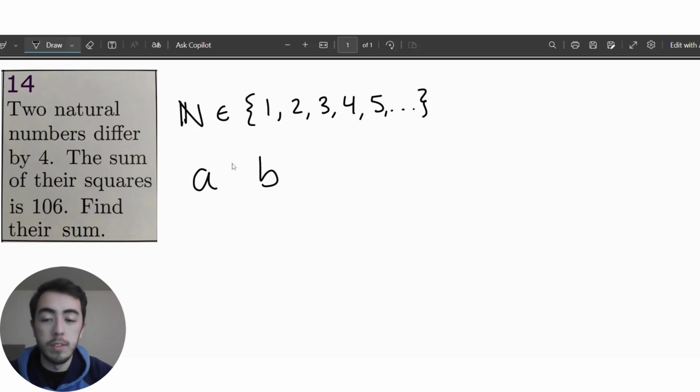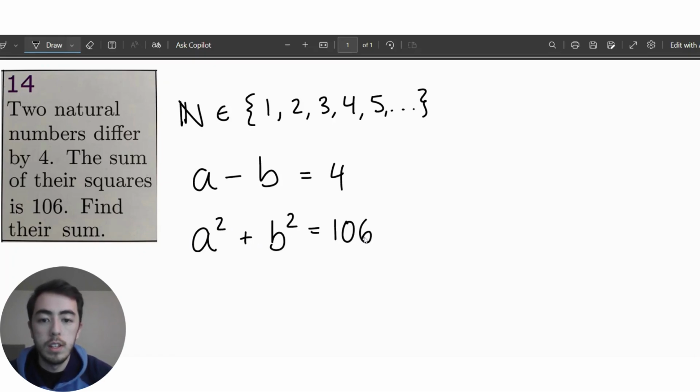And when it says that they differ by 4, I should be able to subtract them and get 4. And when it says the sum of their squares is 106, that means I should square the first one and square the second one and get 106. And now I have what's called a system of equations, or I have at least two different equations and some amount of variables.